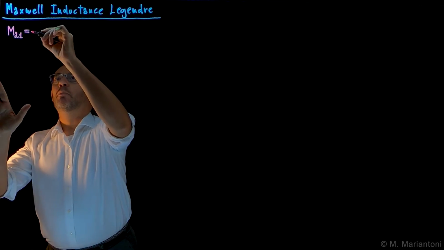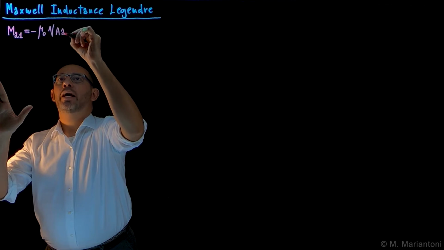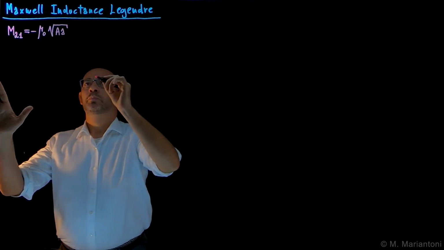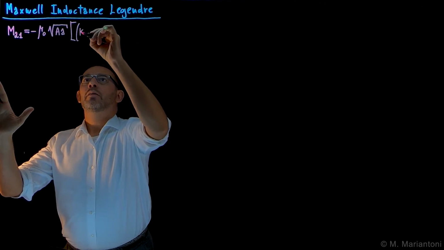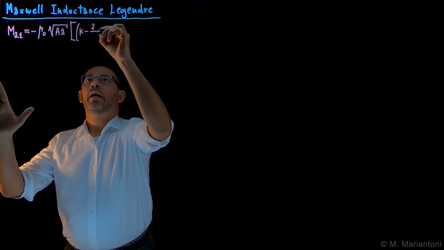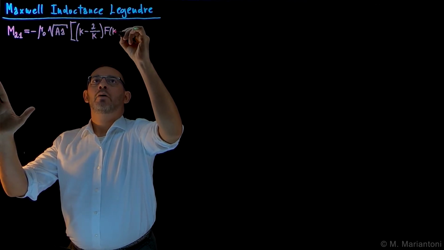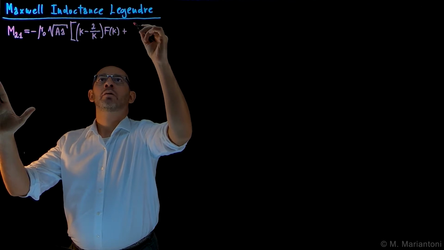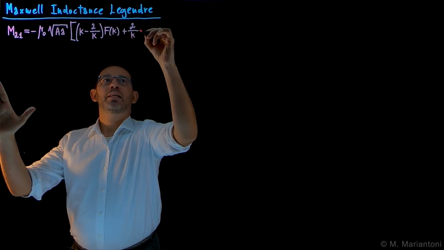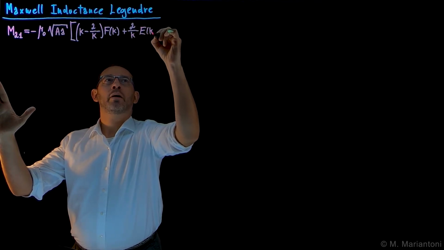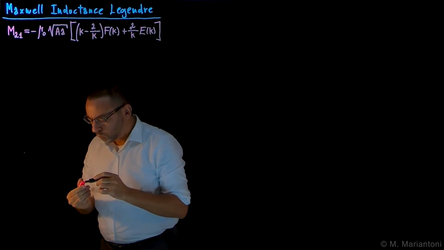In this case the result is minus mu naught times the square root of capital A, the large radius, times small a, the small radius, times k minus 2 over k times the elliptic integral F of k plus 2 over k times the elliptic integral E of k. So this we found in the previous video.